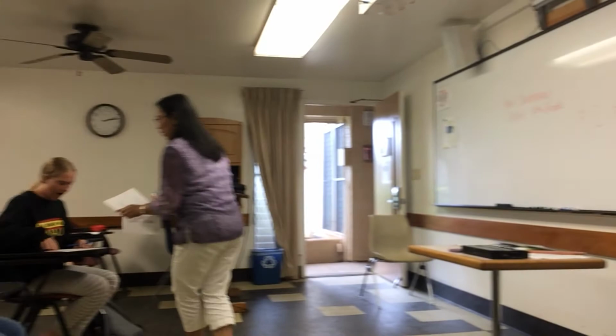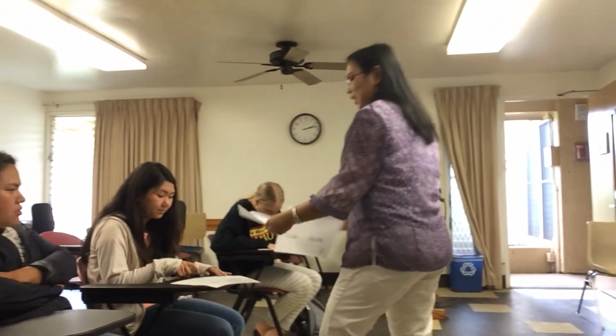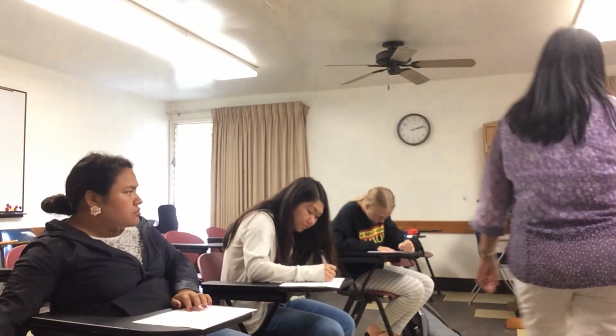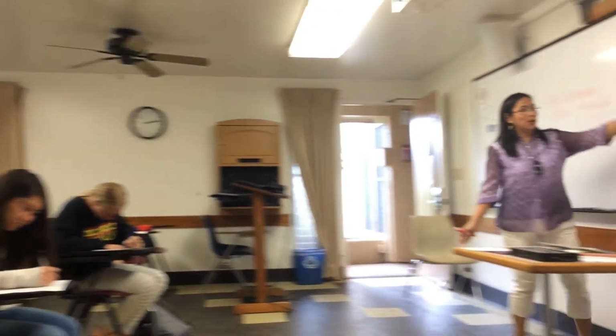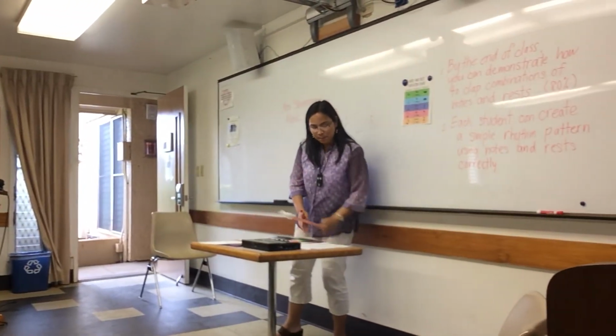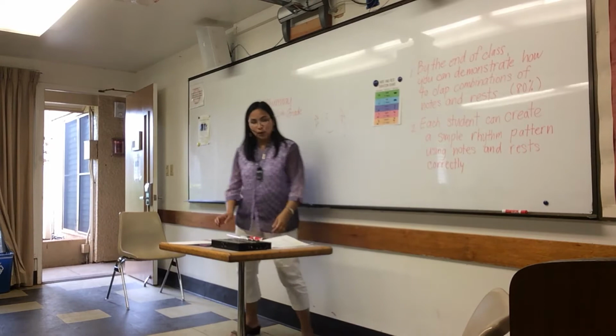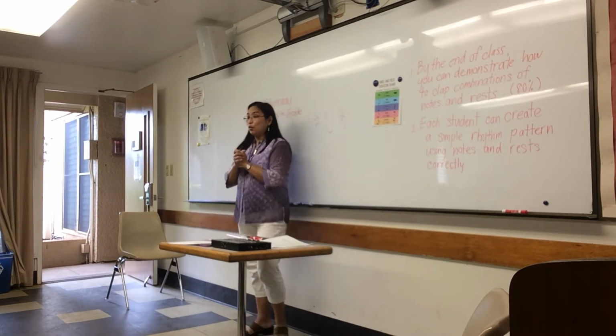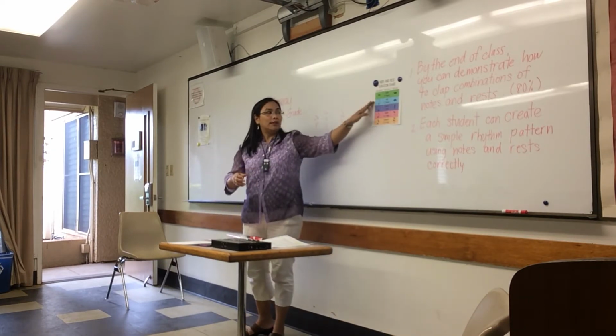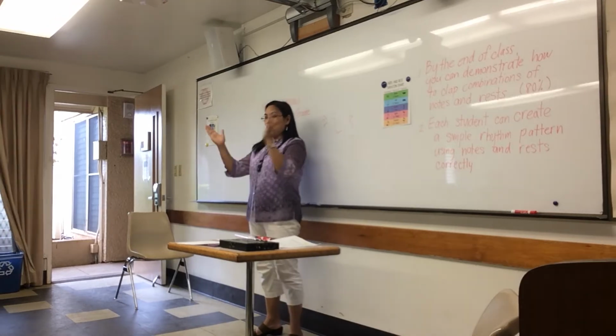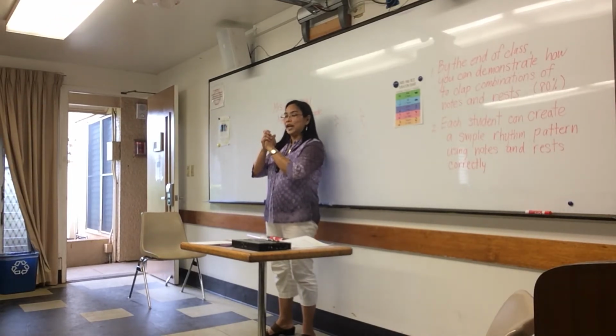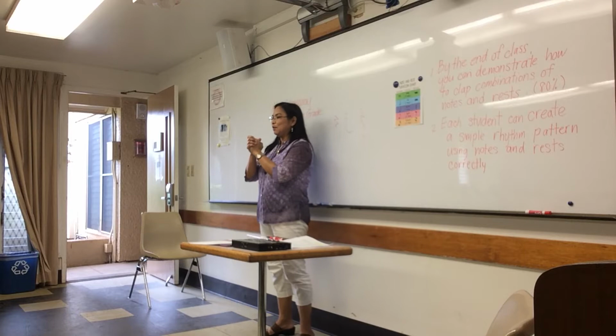While we're learning things, this is something that you can write on your graphic organizer so that you can remember this. Okay? And today, we're going to learn the rhythms of the notes. So the first one is a whole note. Whole note, hold it. 1, 2, 3, 4.